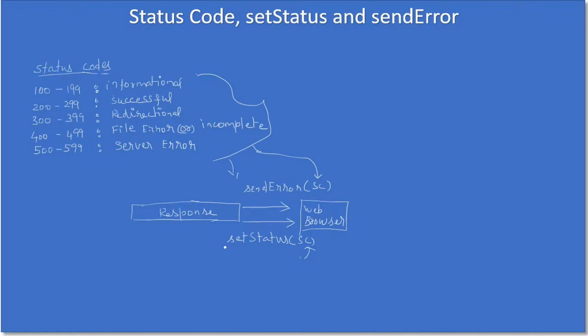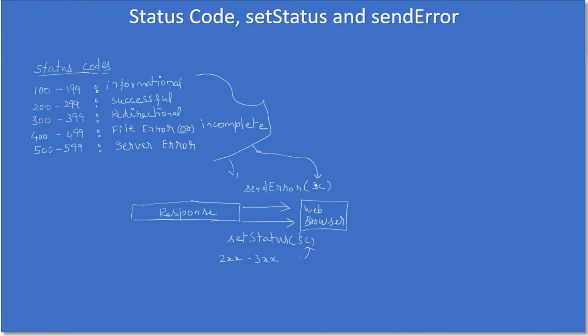So as per the specification, we can use setStatus to set the status ranging from 2xx to 3xx. That means successful and redirectional, that we can specify using the setStatus method. We can communicate that to the web browser using setStatus from our servlet.